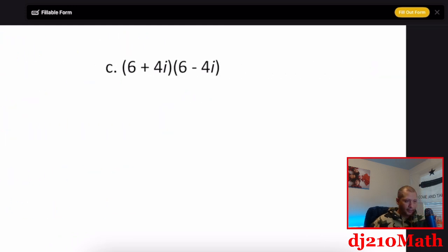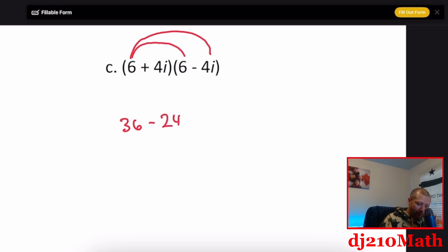All right, this is a fun one. This one's interesting. It's a conjugate pair. Remember earlier I said, how do we multiply conjugate pairs? But let's just say you didn't remember that. This is a good demonstration of why. Watch. First times first is 36. Outer, negative 24i. Inner, positive 24i. Last, negative 16i squared.